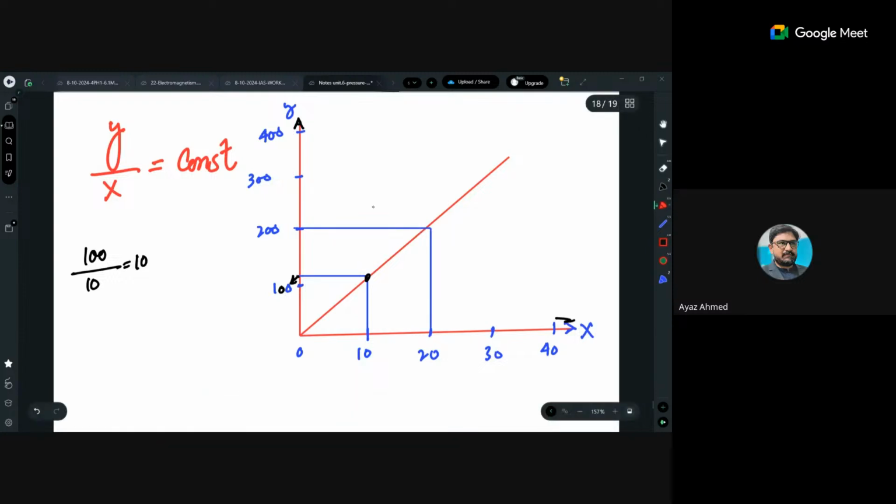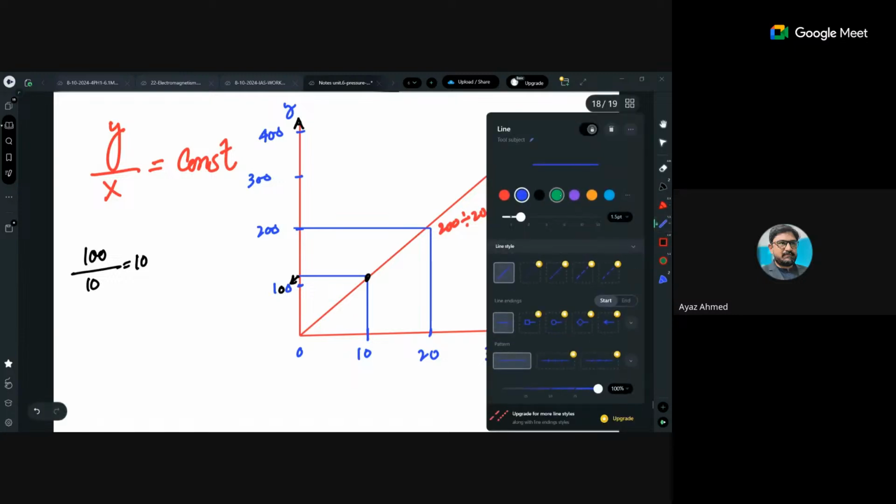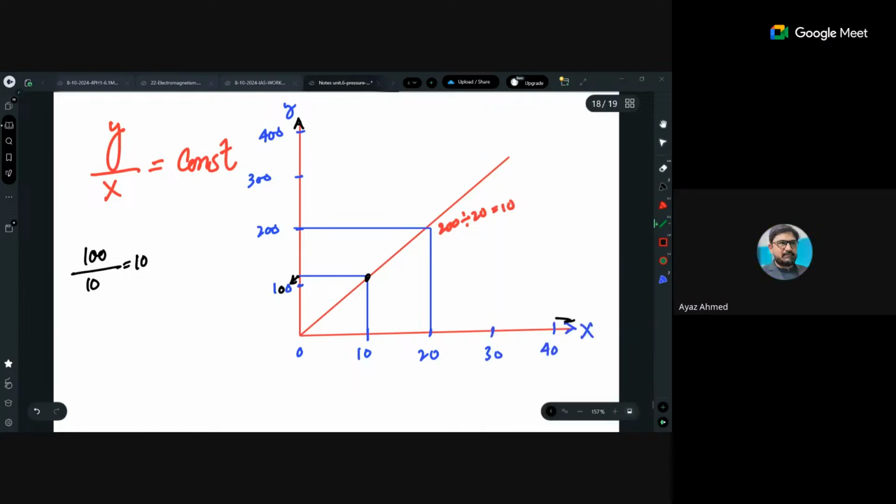For this value, at this point, it will be 200 divided by 20. Again, you are getting 10, isn't it? In the same way, 300 by 30 हो जाएगा ना? Calculation की जरूरत तो नहीं है. Is it fine now? Did you get it?